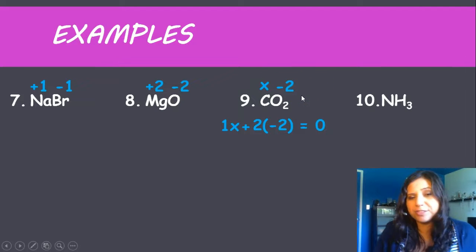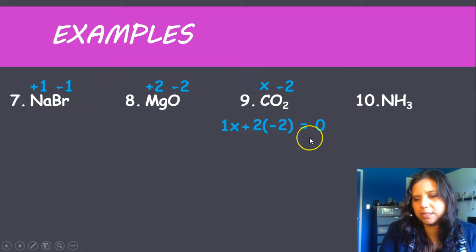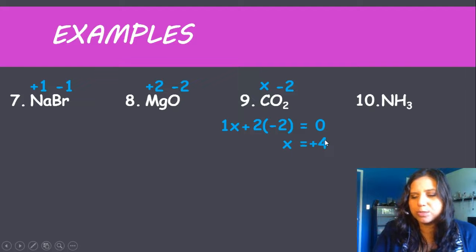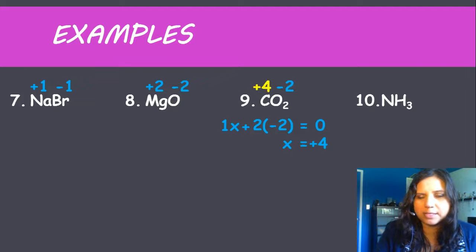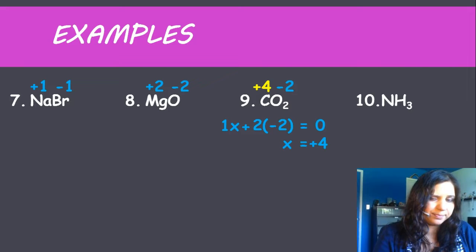All right, so then I just have to do some rearranging. This is going to equal -4, and then I want to move it to the other side. So 1 times X is X. This becomes -4, and then I move it over to this side by doing the opposite of what's going on. So I'd add, so that's +4, which means that carbon is a +4. And notice I'm not just writing 4, I'm writing +4.